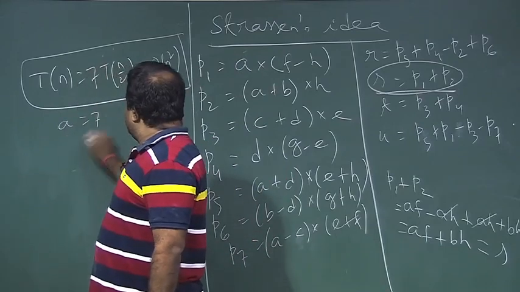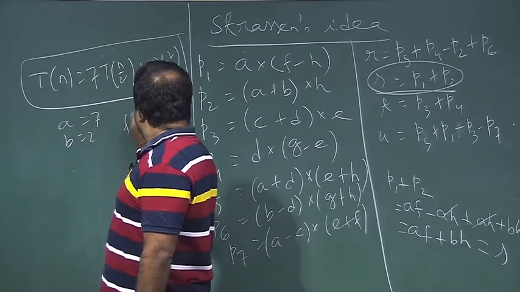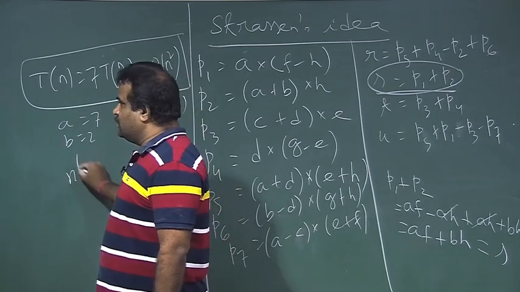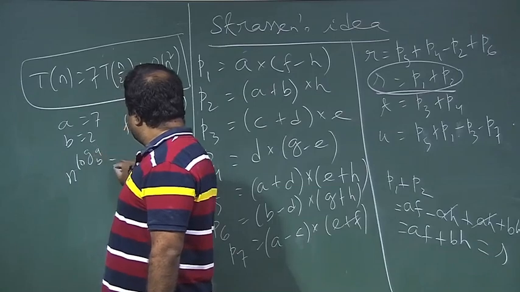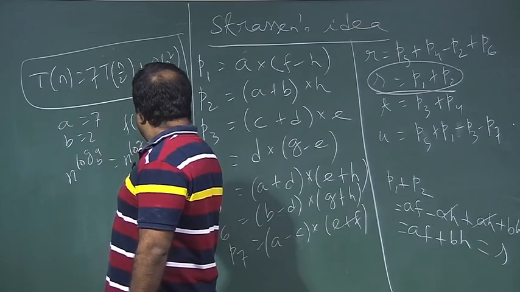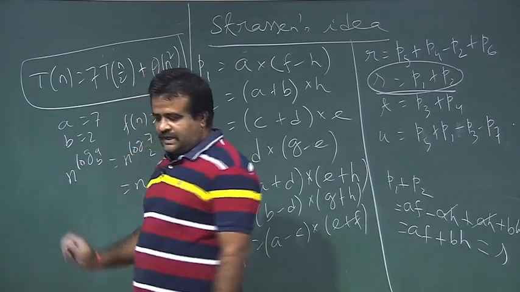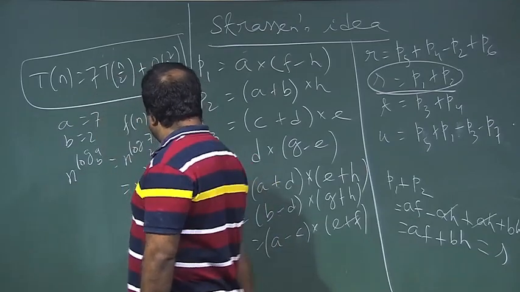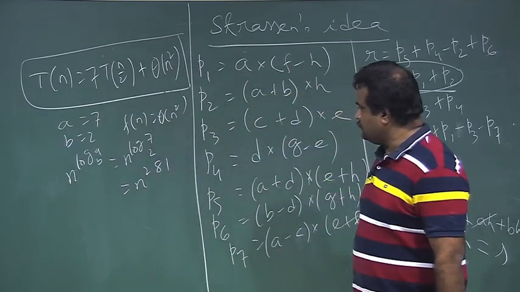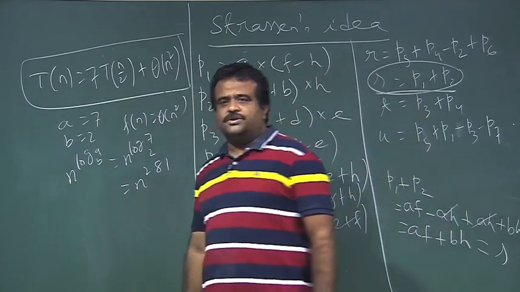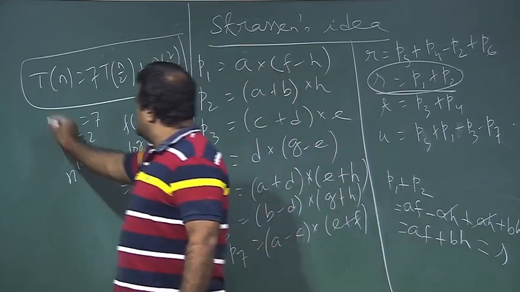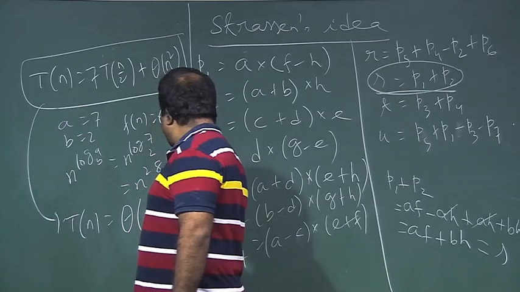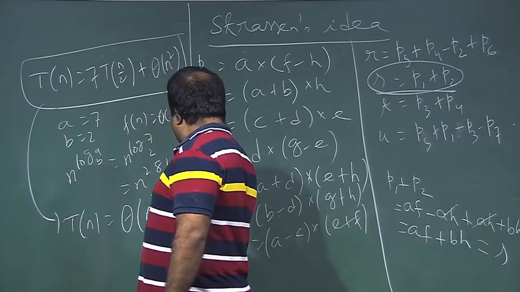Here a is 7, b is 2, f(n) is order of n square. What is n to the power log a base b? It is n to the power log 7 base 2, which is n to the power 2.81.